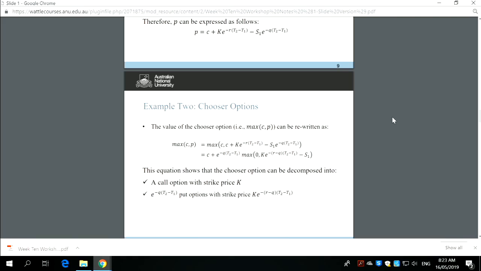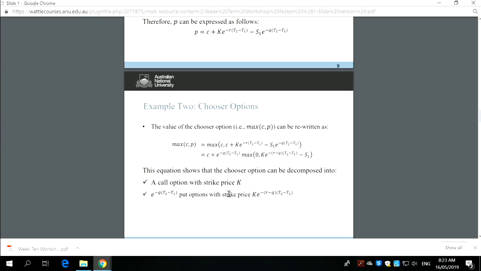Basically, what the chooser option is all about is that it can be decomposed into two components. The first is a call option with strike price of K. And then this much quantity of put option with the strike price of K times e to the power of minus (r minus q) times (T2 minus T1).